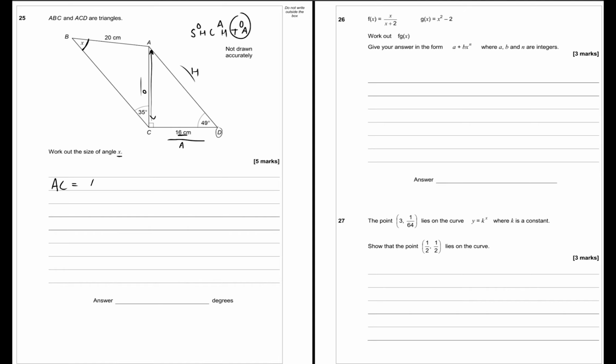So we're going to use tan of theta is equal to the opposite over the adjacent, which is, we know opposite, no we don't know the opposite, do we? So let's put x over 16, which is the adjacent side. Okay, so we also know theta, because theta is the 49-degree angle.